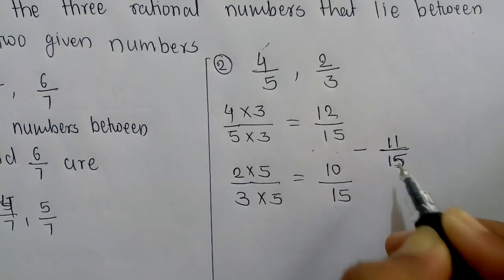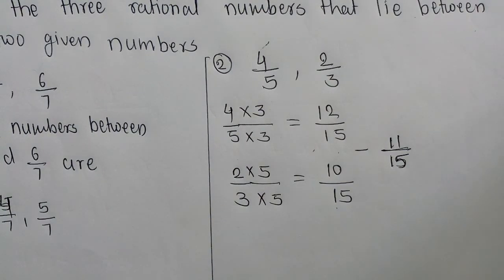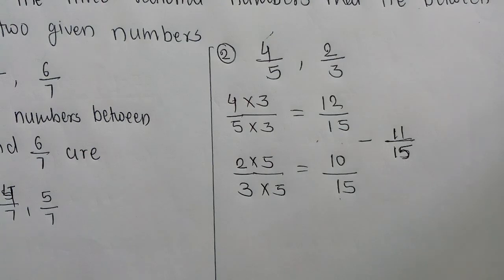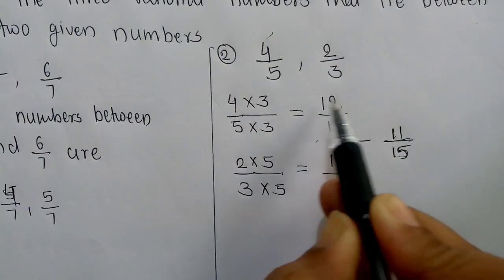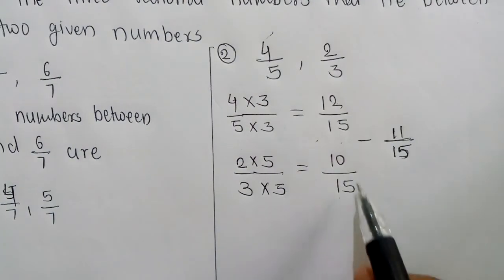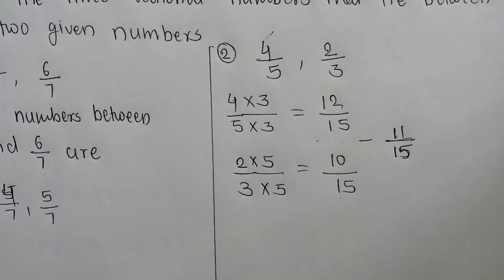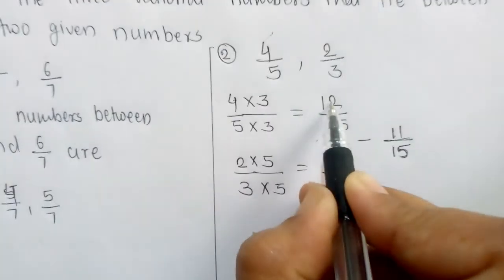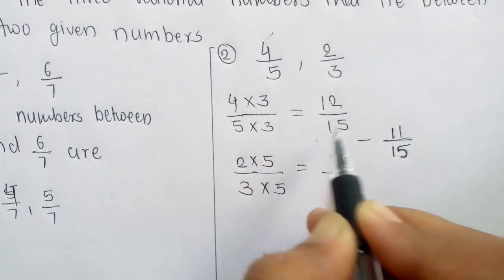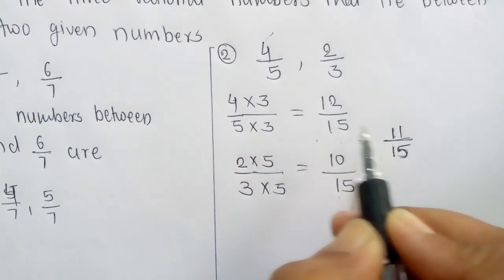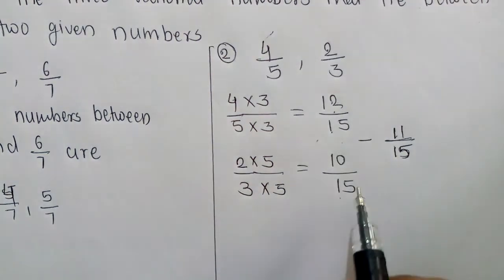If we want to find more fractions between them, how can we find them? We can find equivalent fractions. You know that if we multiply the numerator and denominator by the same number, whatever fraction we get will be an equivalent fraction of the given fraction.